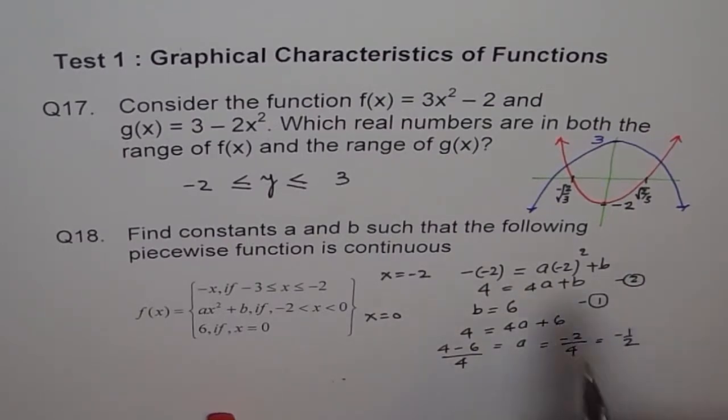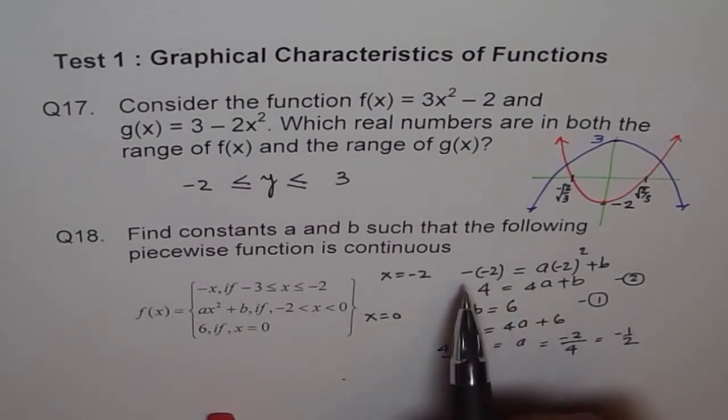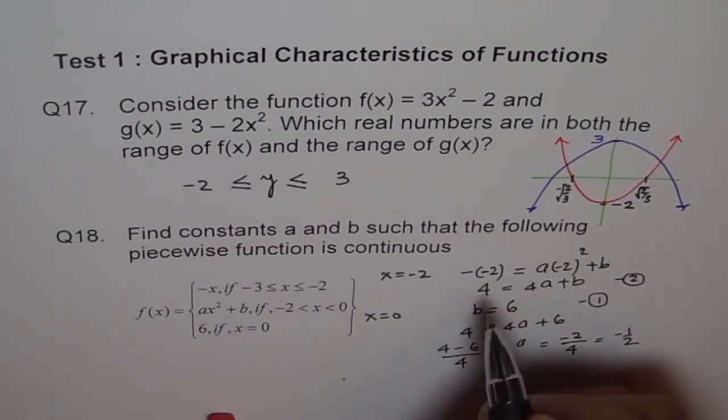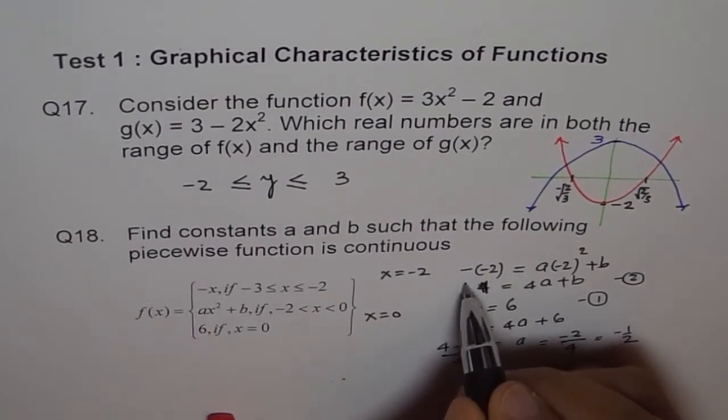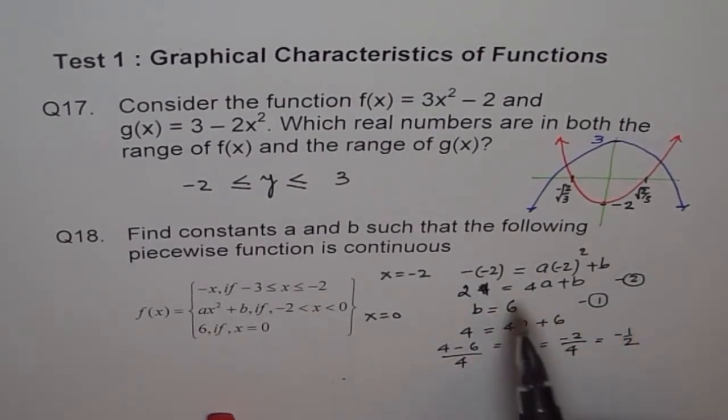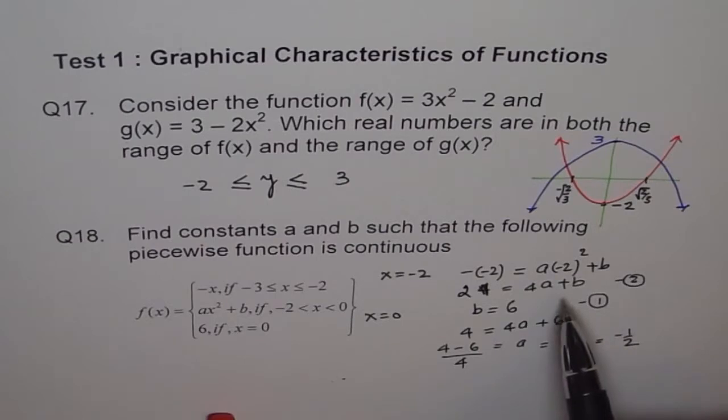Okay, wait a minute, I made a mistake here. When I did minus of minus 2, I wrote 4. Actually, this was 2, not 4. Okay, let me make a correction. So simple correction is good. I found it just now.